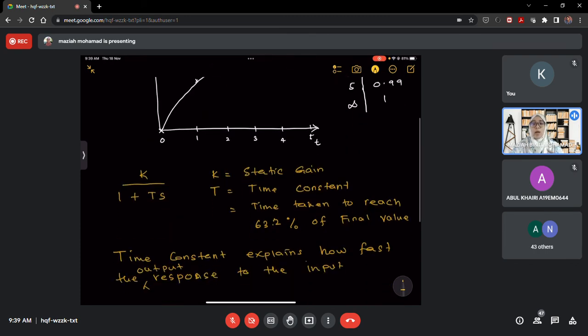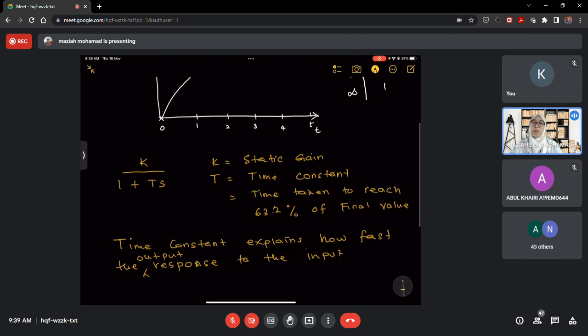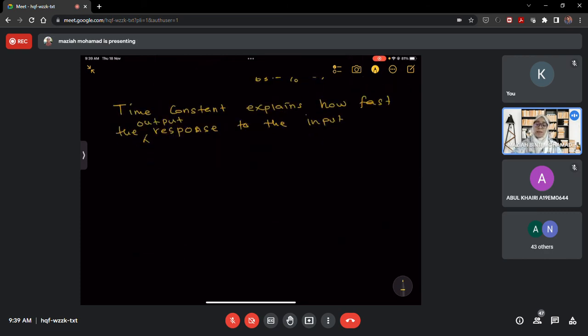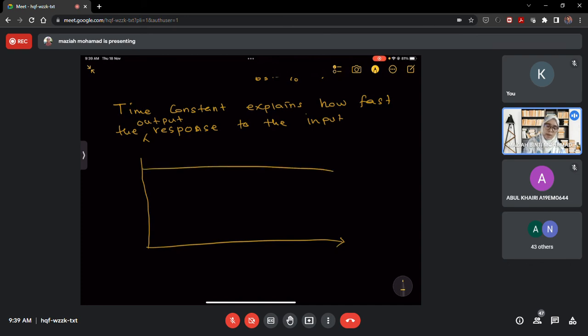So how can the time constant be used to explain how fast the response is? Let's compare 3 types of time constant. The final value is 1.